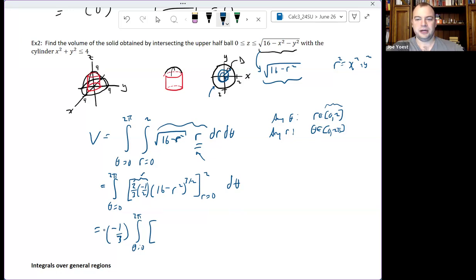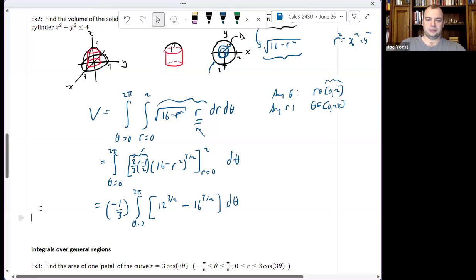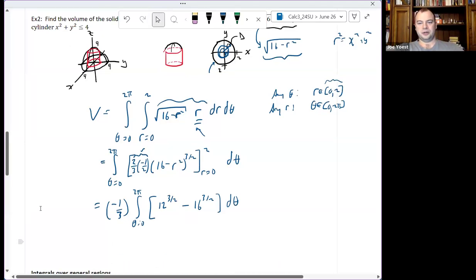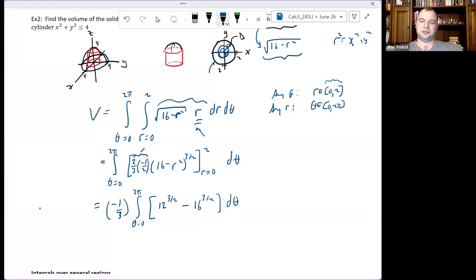So that's 16 minus 4, which is 12 to the 3/2 power, minus this evaluated at 0, minus 16 to the 3/2 power, d theta. Now, this isn't the nicest constant in the world, but it is just an integral of a constant d theta.